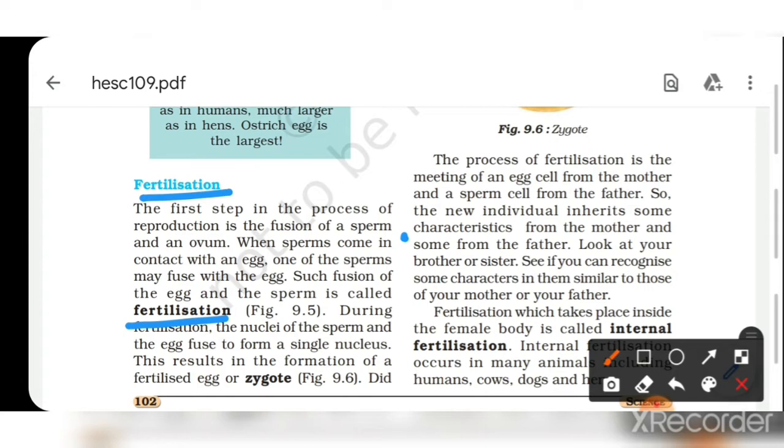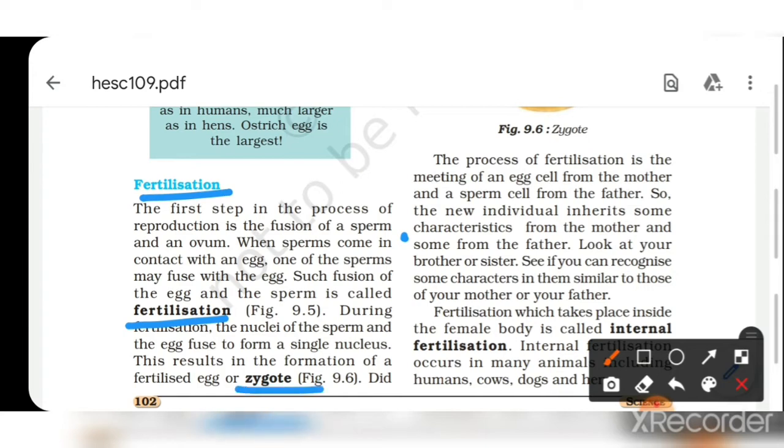The fusion of the sperm and egg is called fertilization. During fertilization, the nuclei of the sperm and the egg fuse to form a single nucleus. This results in the formation of a fertilized egg called the zygote.